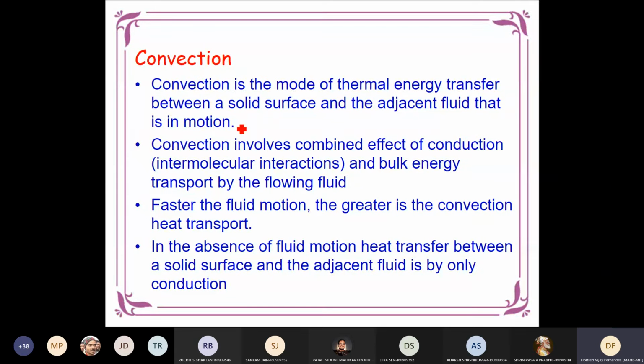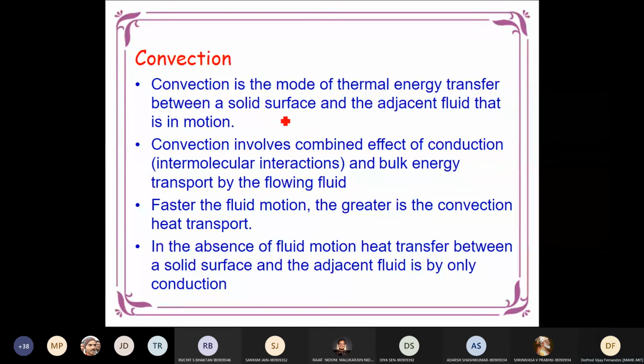If the fluid is stationary or there is no bulk motion, and you look at the molecular level, the fluid molecules are not fixed at one particular point. There is a random motion of molecules in the fluid, but the bulk motion is cancelled out in the random motion, so it's not visible as a bulk motion.